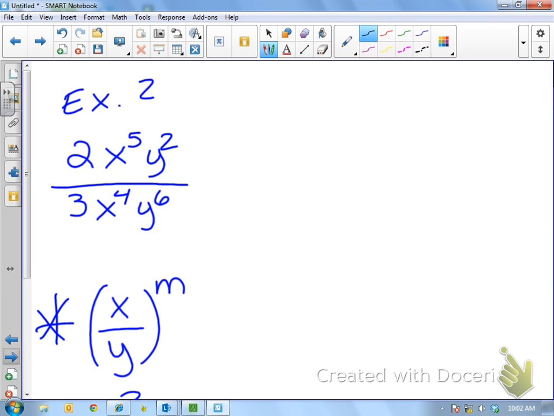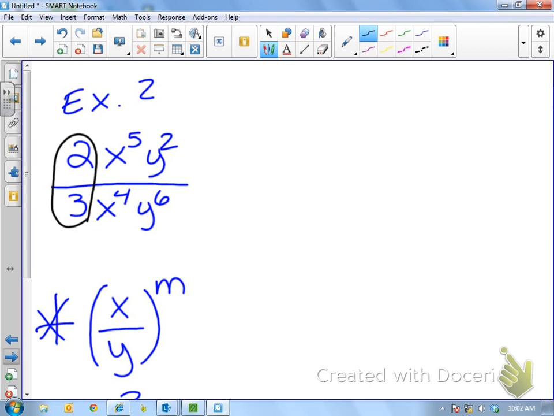So when we had numbers in front and we were multiplying, what did we do with those numbers? You multiplied them. But this time we're dividing, so we should divide them. If I look at just the 2 over 3, I check and see if I can divide these. Can you divide 2 divided by 3?